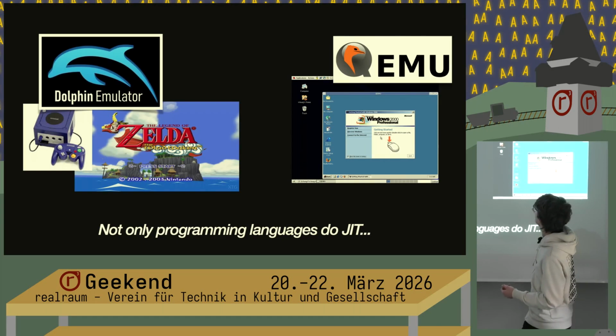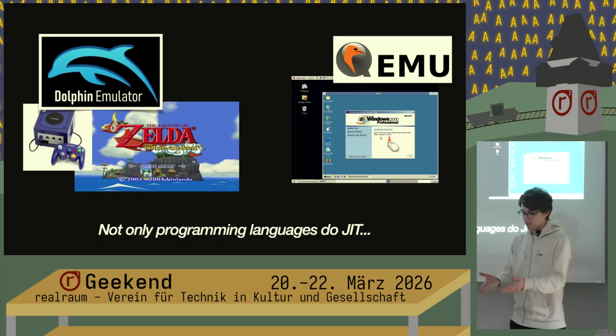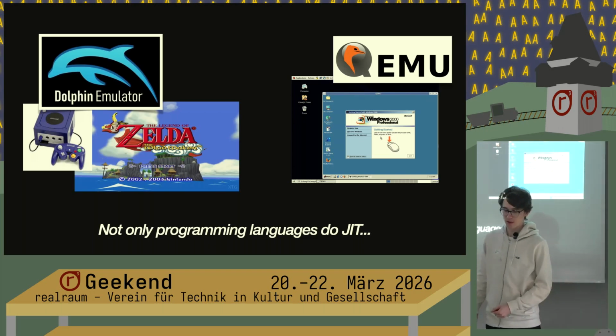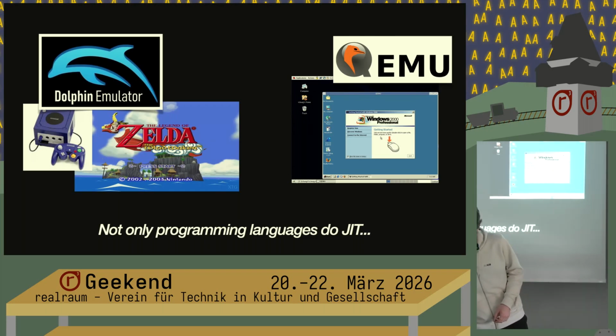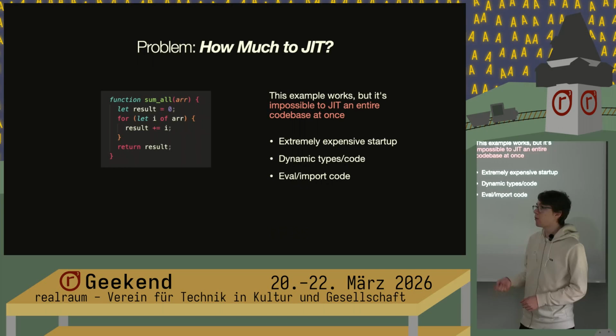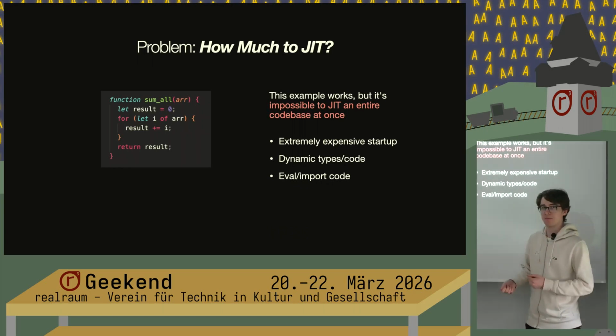Or QEMU, which, if you don't have virtualization, can also do JIT, and for example convert x86 into ARM so that I can run old Windows or Windows 11 on my MacBook. And one problem when doing this, though, is how much do we want to JIT?